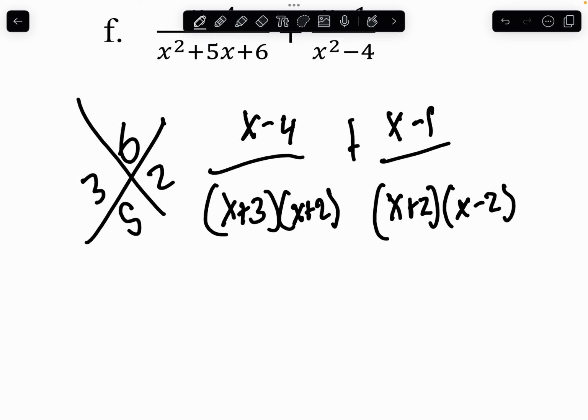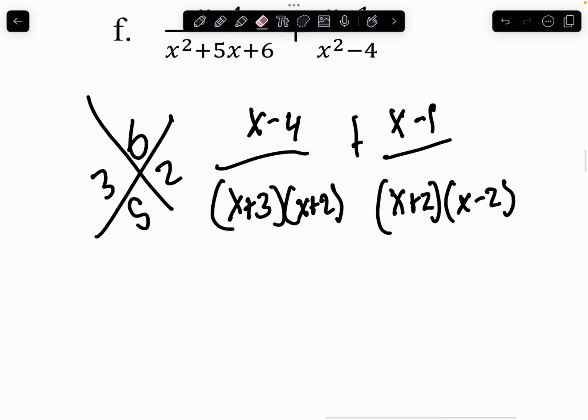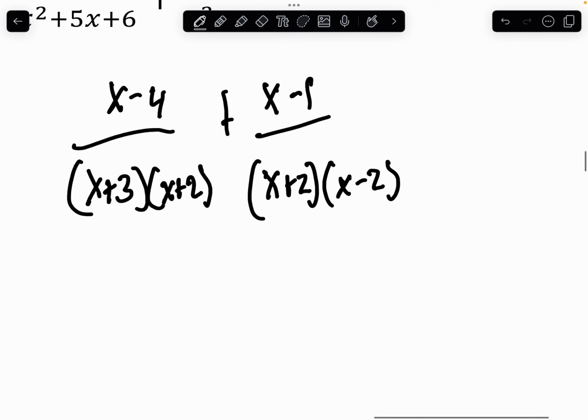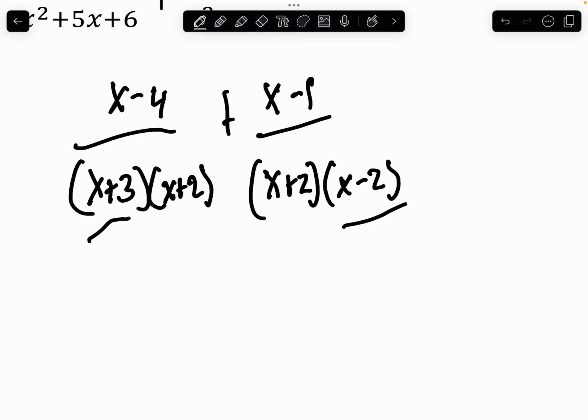Now I noticed that they both have x plus 2 in the bottom, and I know this side has this and this side has this. So we're going to have to multiply each side by something.